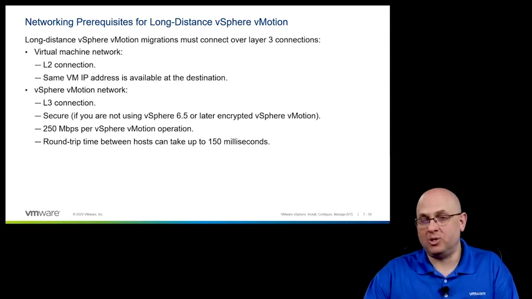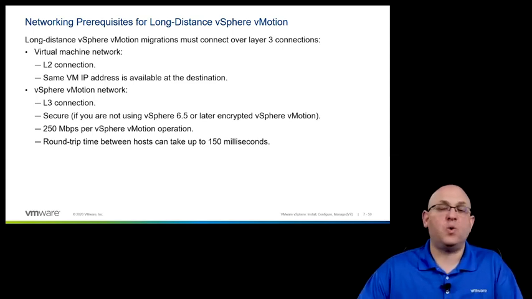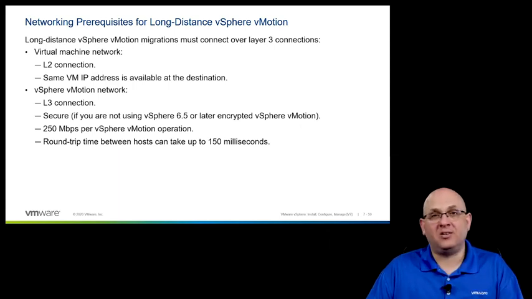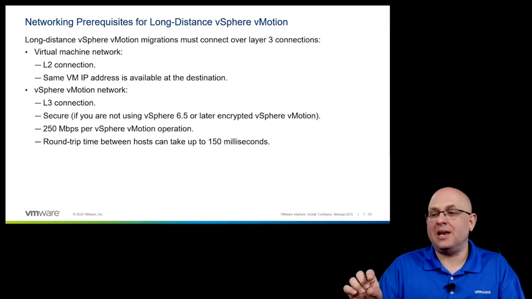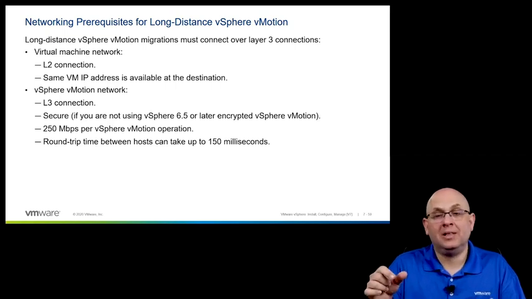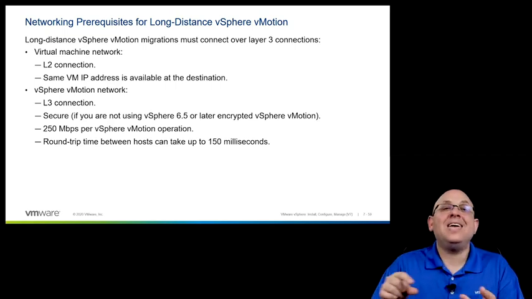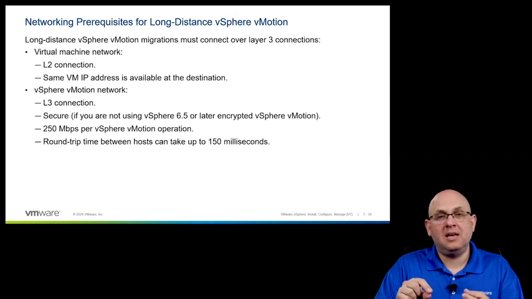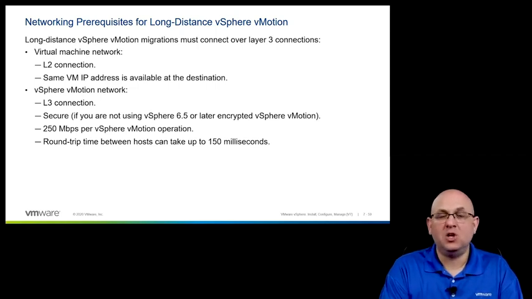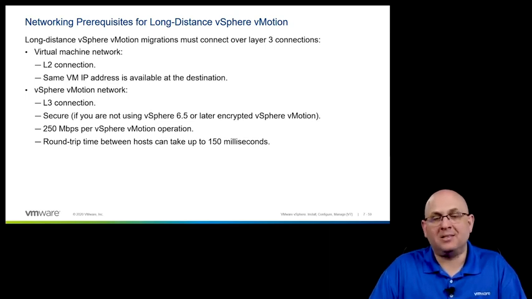Prerequisites for long-distance vMotion. For the virtual machines, when they land on the destination host, they should not have to change their IP address. That is a layer 2 connection for the VMs. For the vMotion network, we can actually do layer 3, okay? If you are not using vSphere 6.5 or later, and you're back on vSphere 6.0, you might want to separately secure the WAN link, because we will not encrypt the vMotion.